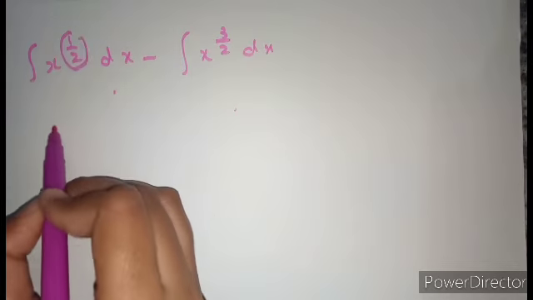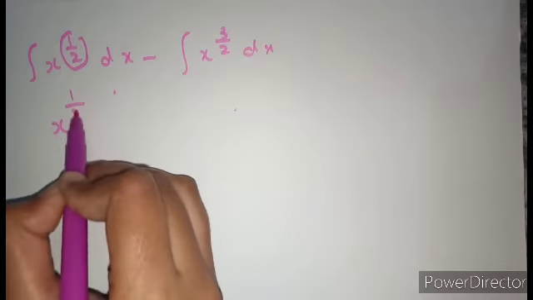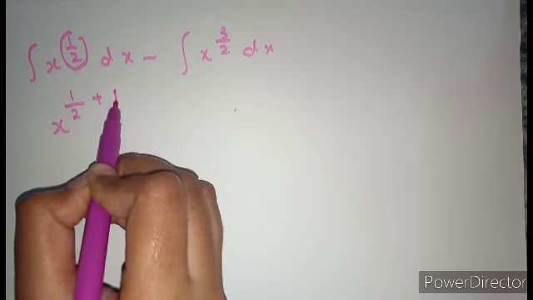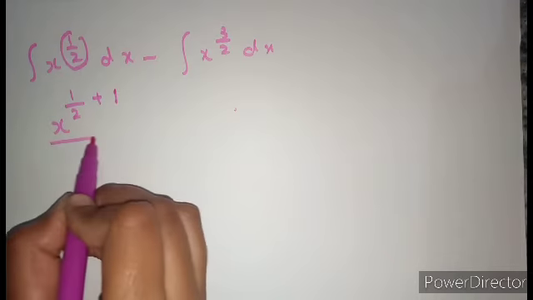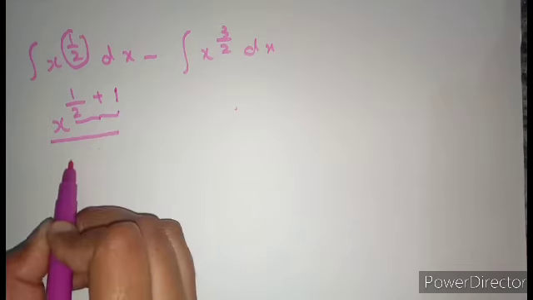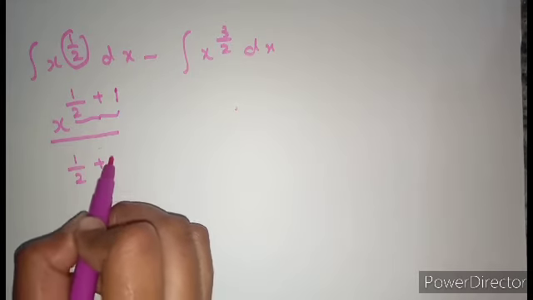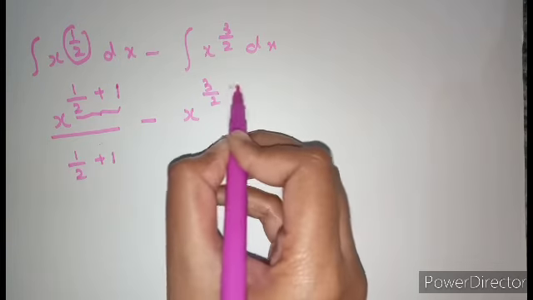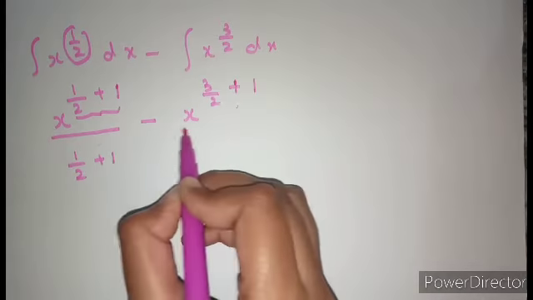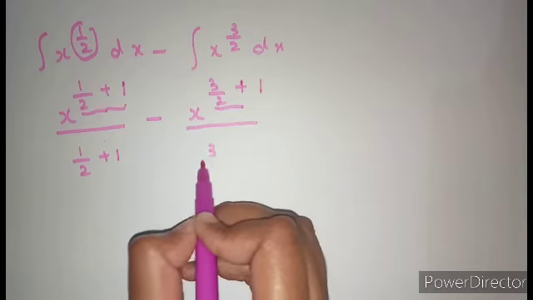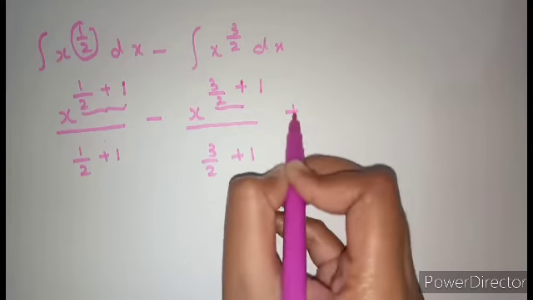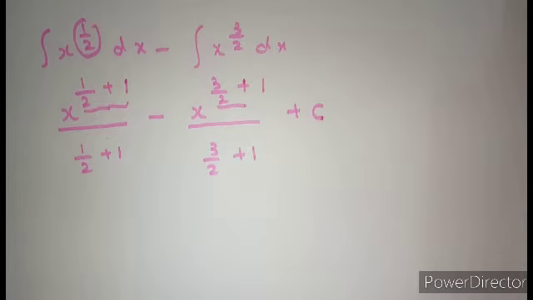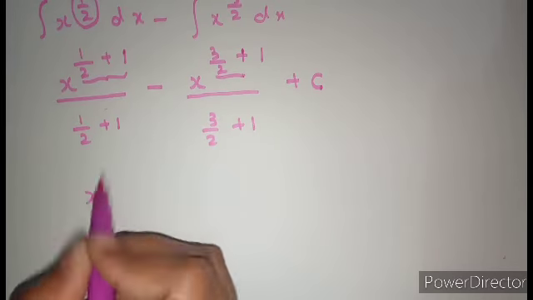Okay, let us add 1 to 1 by 2 and write the same here. Minus x to the power of 3 by 2, just add 1 and write the same here, plus integration constant c. Now solve it.